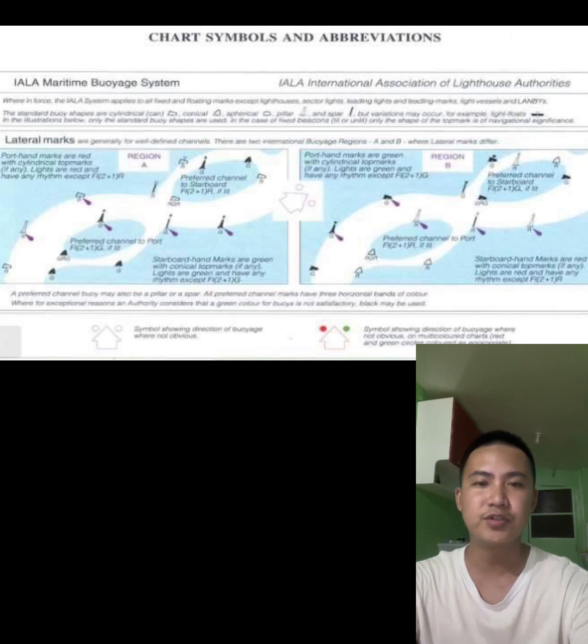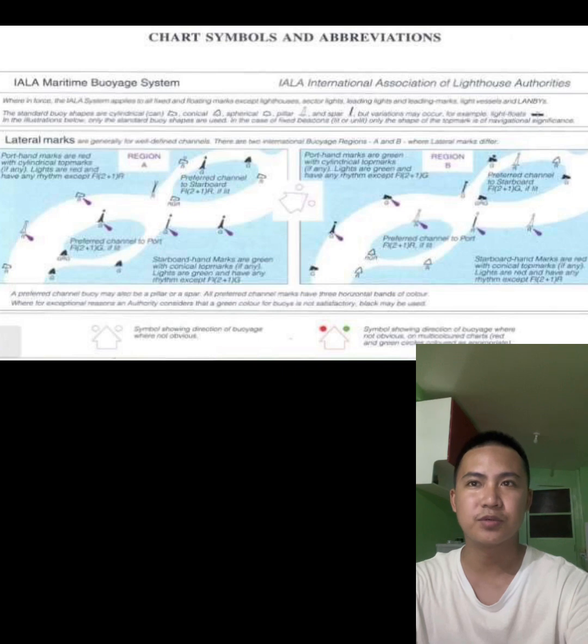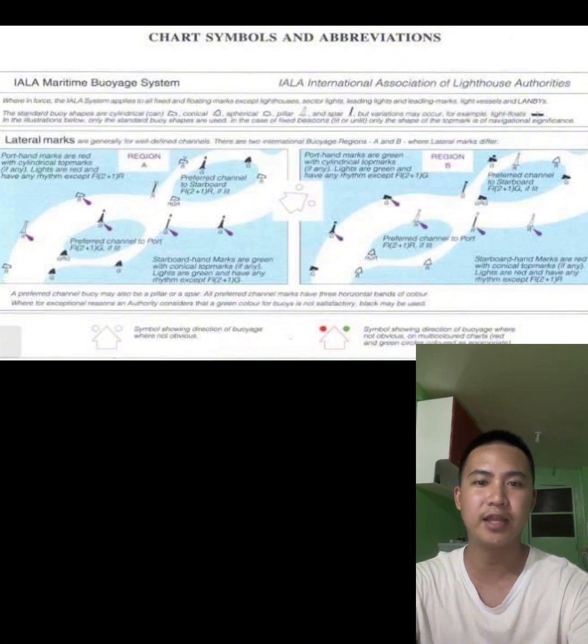So in Region B, port hand marks are green with cylindrical top marks. If any, lights are green and have any rhythm except Fl(2+1)G. Preferred channel to starboard is Fl(2+1)G if lit.